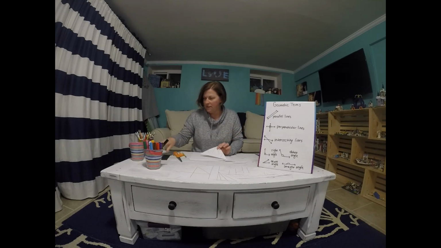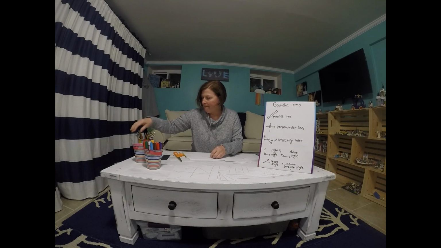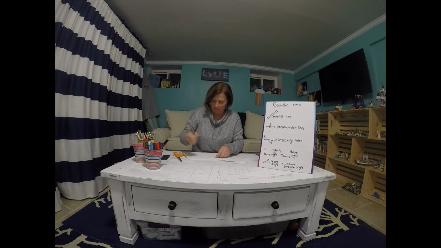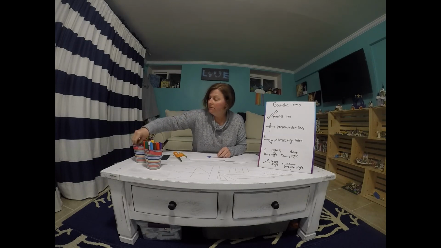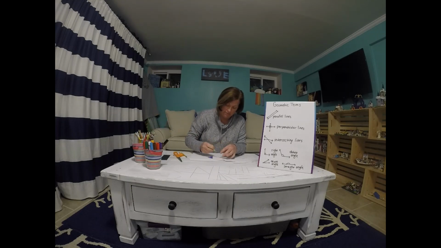This is the one that I just did. You're going to color each shape that you made a different color. Or you can make a pattern. Either way, that's up to you.